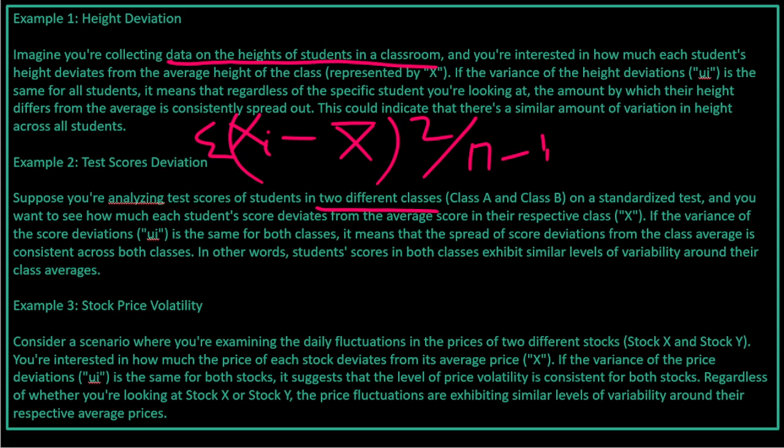If the variance of the score deviations is the same for class A and class B, it means the spread of score deviations around the class average is consistent across both classes. There is a similar level of variability around their average score, so that is also homoscedasticity.